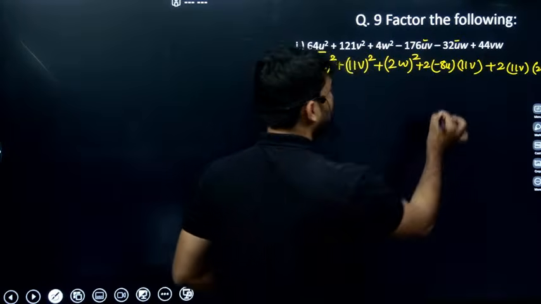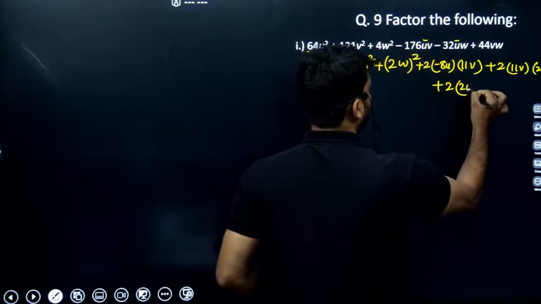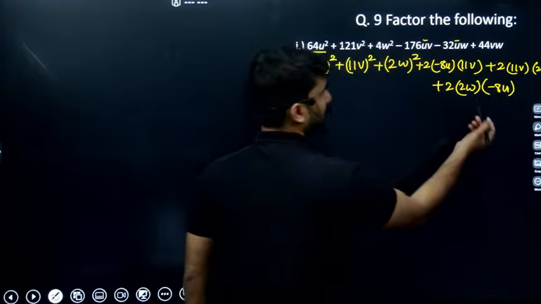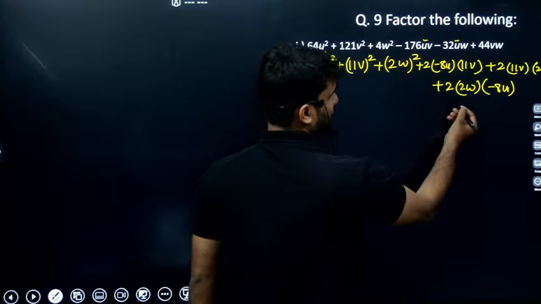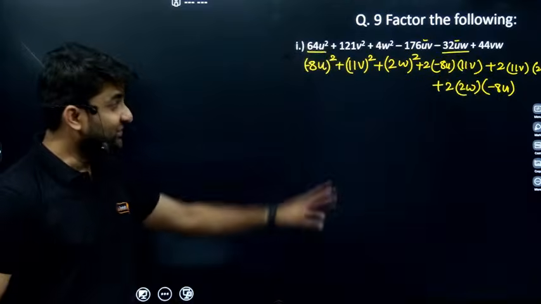And 2ca: 2 into c is 2w, and a is minus 8u. Now multiply: 2 into 4 is 8, 8 into 4 is 32, and plus into minus is minus, so minus 32uw. So this is the beauty, guys.